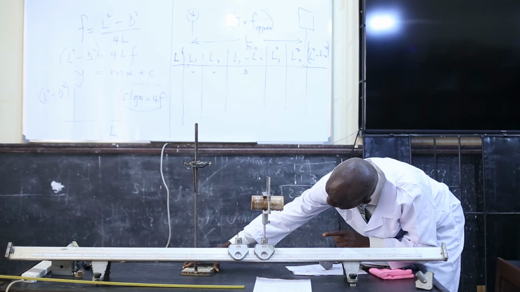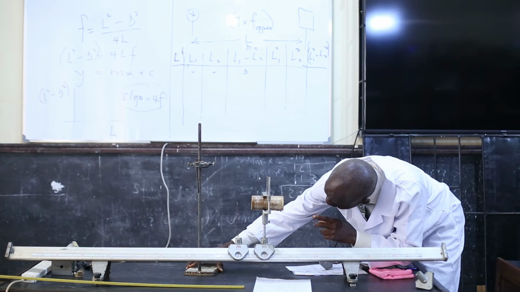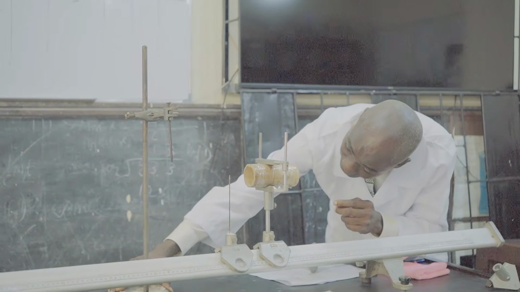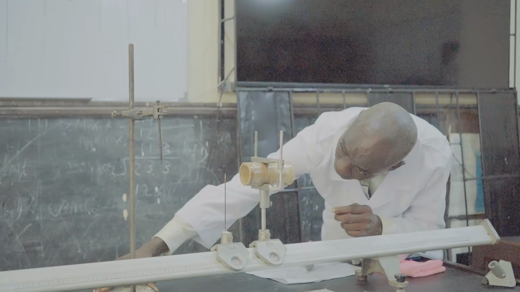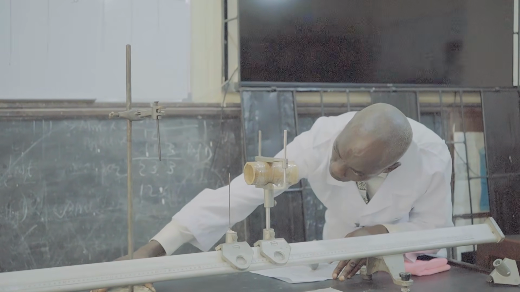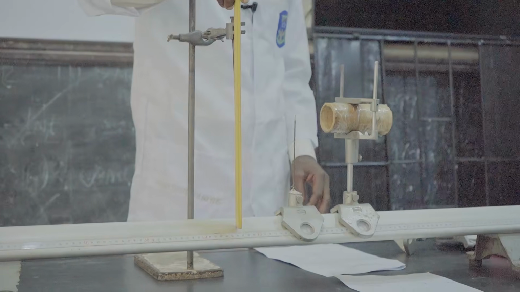The point at which you are having the two tips almost at the same point, where there is a coincidence between them, that's the point we are going to take. So we adjust it until we get that point, and that will be the focal length obtained by the virtual image method.